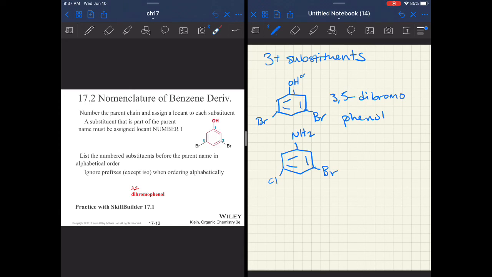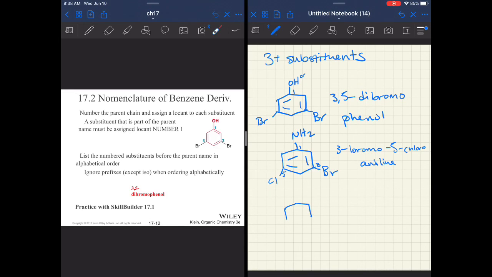If there is a tie, the very last tiebreaker is the alphabet. So I'm going to number clockwise simply because B comes before C in the alphabet. This would be 3-bromo, 5-chloro, aniline.